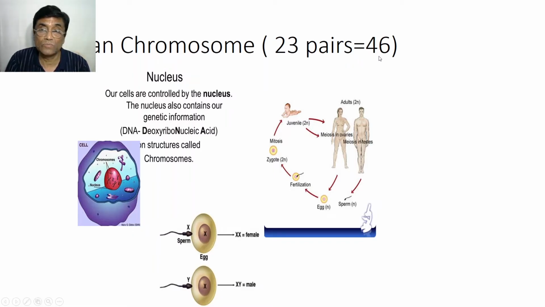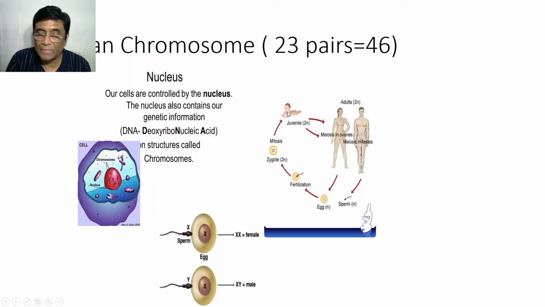That is 46 chromosomes. They are just like our playing cards, and you shuffle, reshuffle, all kinds of things you do, and these are actually our offspring. So we are only gifted by nature 23 pairs, right? So how does it happen? There are two kinds of cell division.